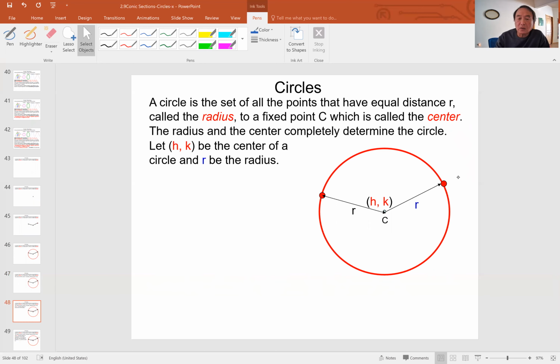And suppose I know the coordinates of the center of the circle, (h, k).